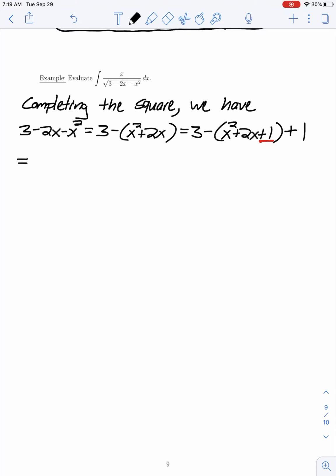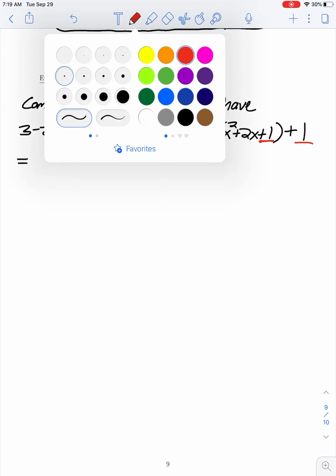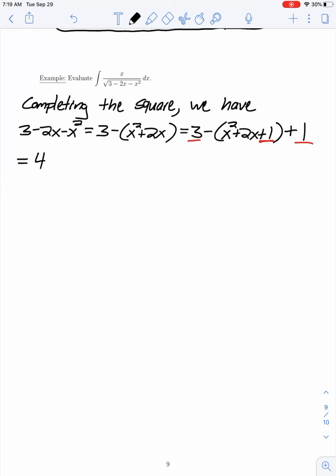So let's see what we have here. Grouping our constant terms outside of the parentheses, we have a 3 plus 1, or 4, and then I was subtracting the quantity x squared plus 2x plus 1, but that can be factored as x plus 1 quantity squared.